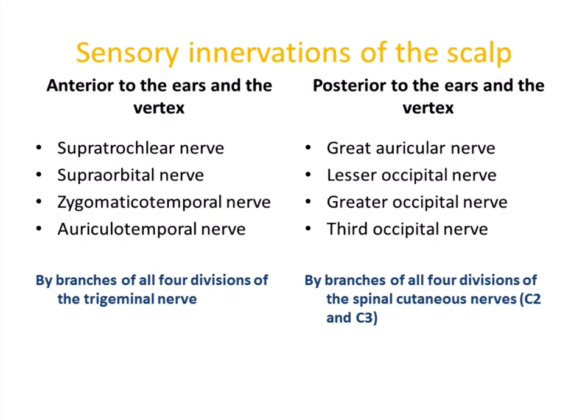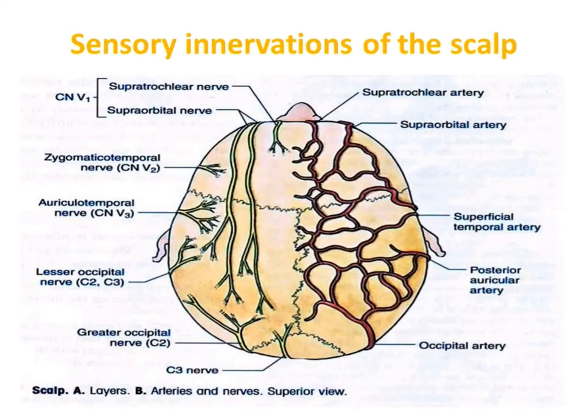Four from the cervical branches supply the scalp posterior to the vertex and the ear, and four from the trigeminal, the 5th cranial nerve, supply the scalp anterior to the ear and the vertex. This diagram shows the cervical nerves and the branches of the trigeminal nerve, the sensory innervation of the scalp.